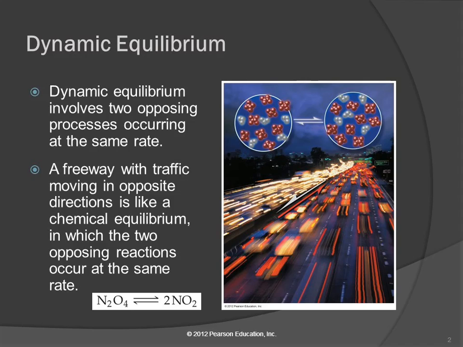But it's not the same people. It's not like there was a lockdown and everybody's stuck in the airport, which, sadly, could happen. It's different people, so it's dynamic in that things are changing, and yet the balance is staying the same. That's what we mean by a dynamic equilibrium.